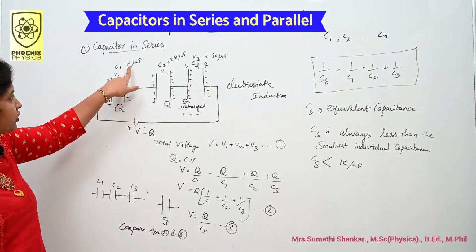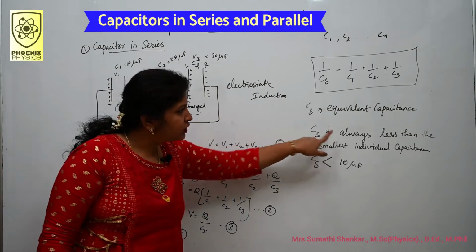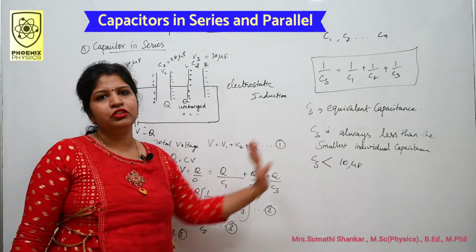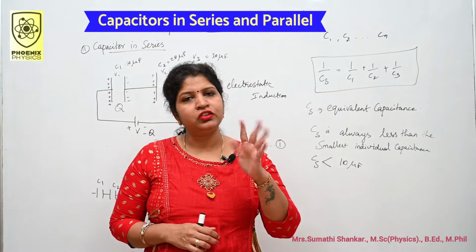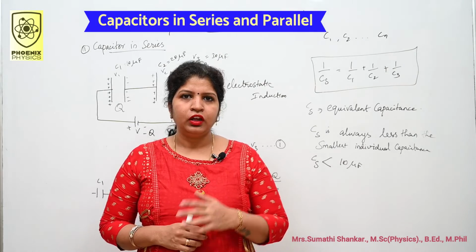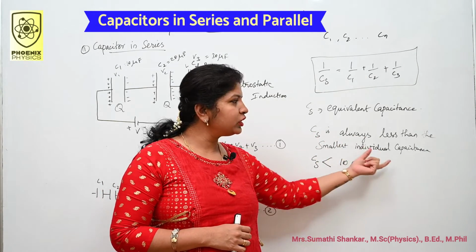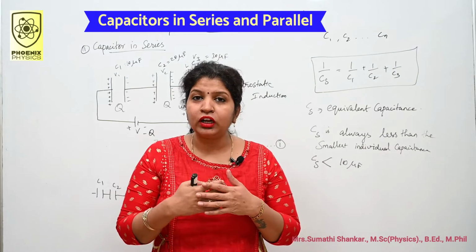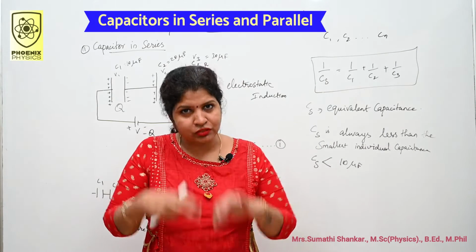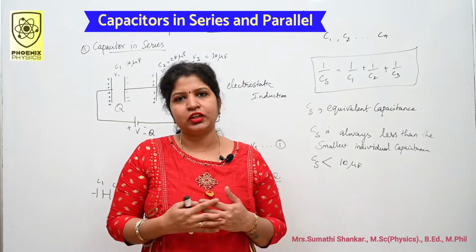Here which one is smallest? 10 microfarad is smallest. Why do we use capacitors in series connection? You know that CS is always less than the smallest individual capacitance. So if you want to reduce the total or equivalent capacitance value, you can use capacitors in series connection.